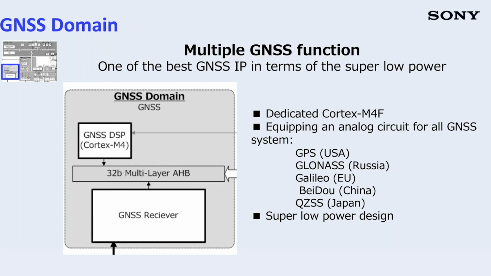On top of that, it has a dedicated core for just this GNSS. We have 6 cores, plus this one, we have 7 cores, but one core is dedicated to this GNSS. This is another state-of-the-art product from Sony that we are using in other things, and we brought that into this development board as well.